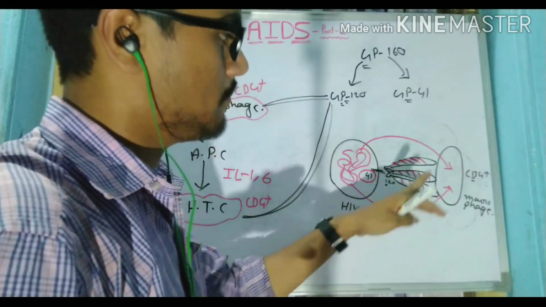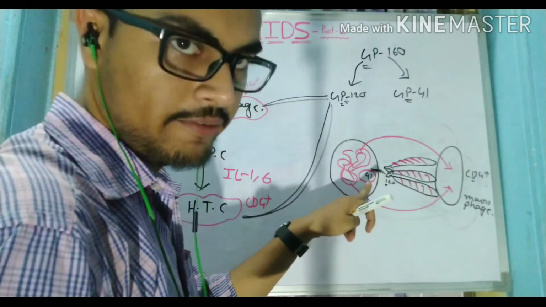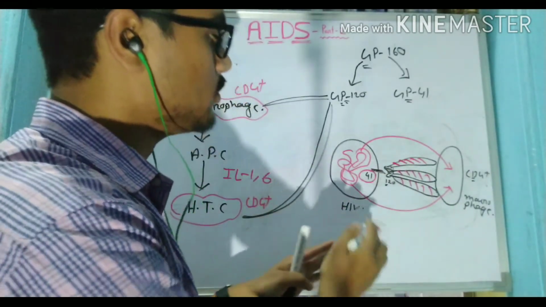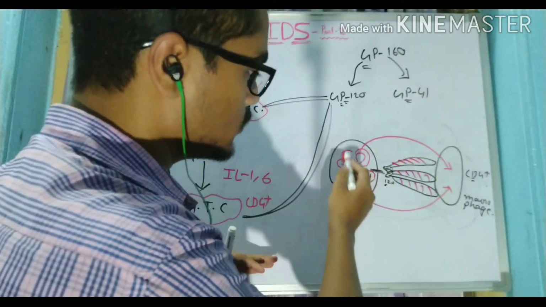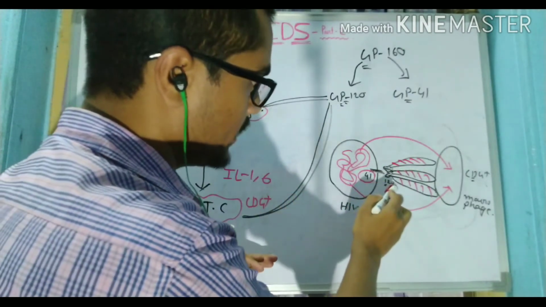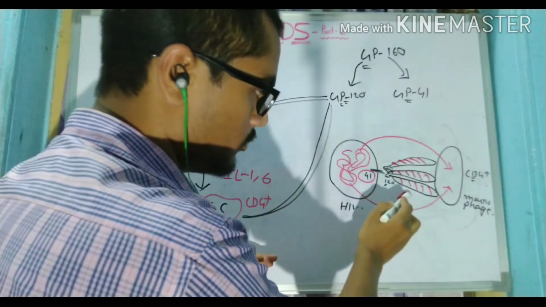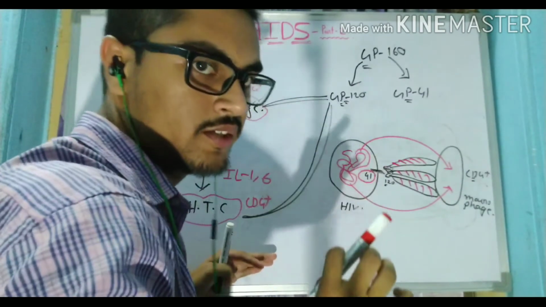As soon as it makes this attachment between the two cells, GP41 is activated. Only after the activation of GP41, the GP41 helps in the diffusion of the whole genome present inside the virus cell. That's why GP120 is known as the attachment protein, but GP41 is known as the protein of diffusion.